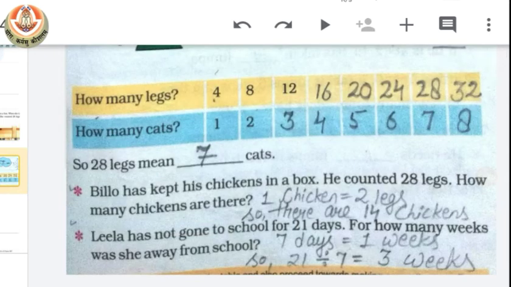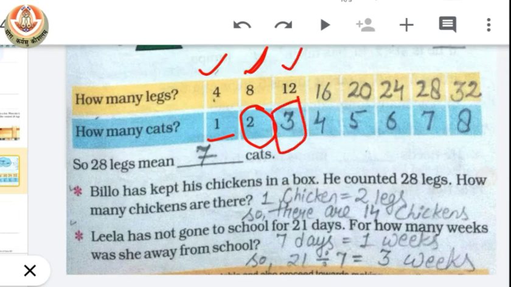Now we have to answer how many cats. If the number of legs is 4, the number of cats is 1. Number of legs 8, that means the number of cats is 2. Number of legs 12 means number of cats 3.